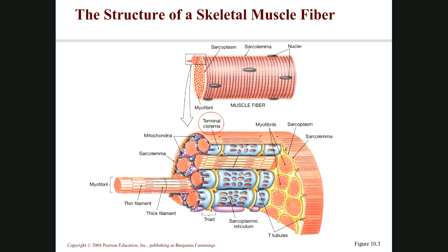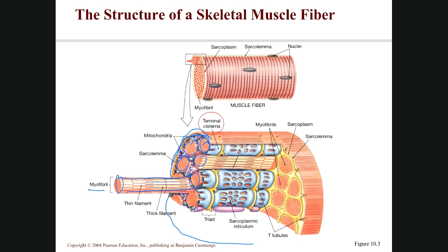So here's the sarcolemma, which is the cell membrane right there. Okay, the cell inside is loaded with these contractile proteins called myofibrils, and that's what you can see here. These rod-looking things are the myofibrils, and again, this is something unique.